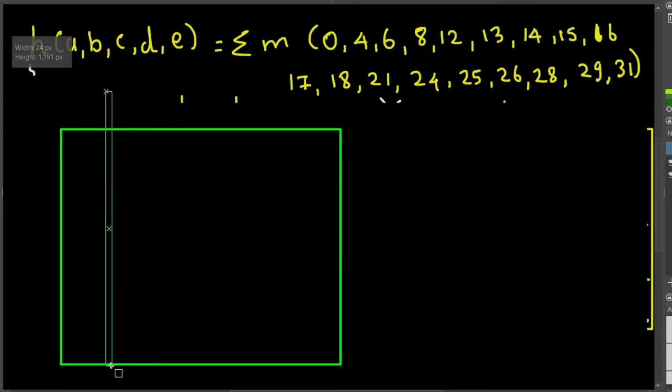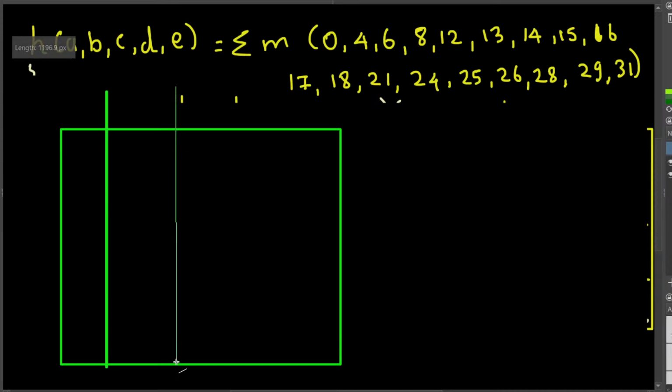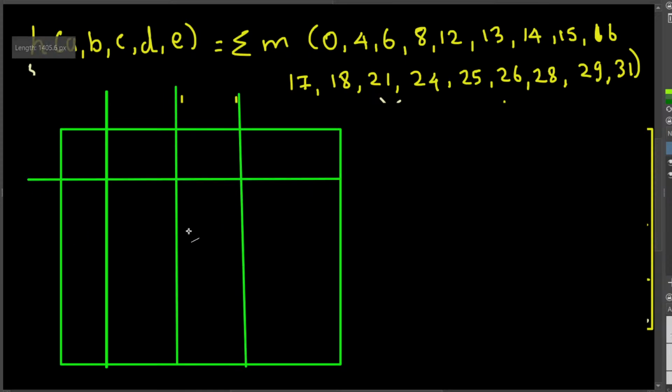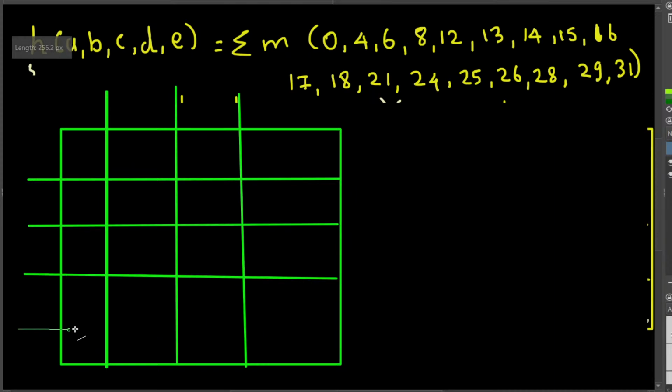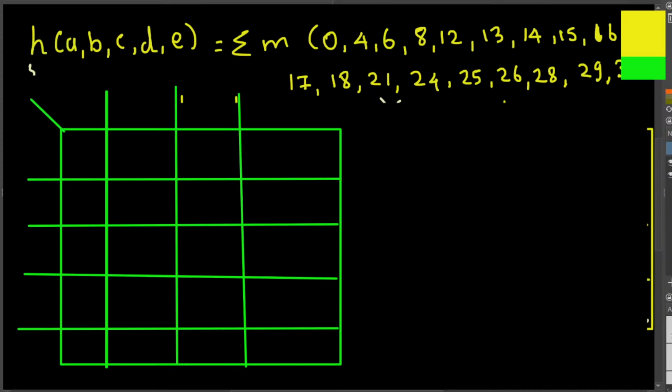You will have 16 locations like this, and then here again this is only B C D E. But here one thing is that you divide each location by 2.